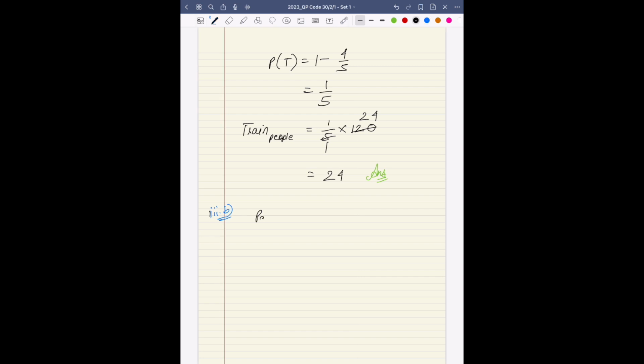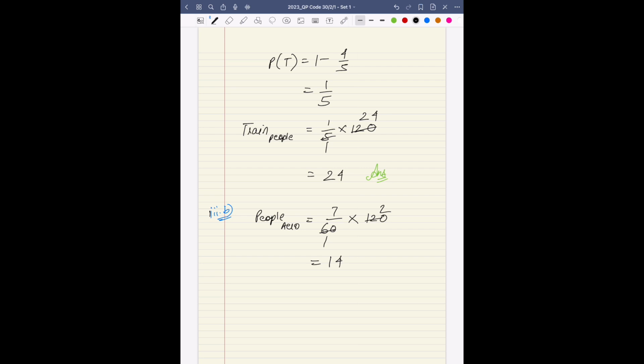So we'll write people by aeroplane will be what? Probability was 7 by 60, into 120. Correct? 7 by 60 into 120. So 14 people have traveled by aeroplane.